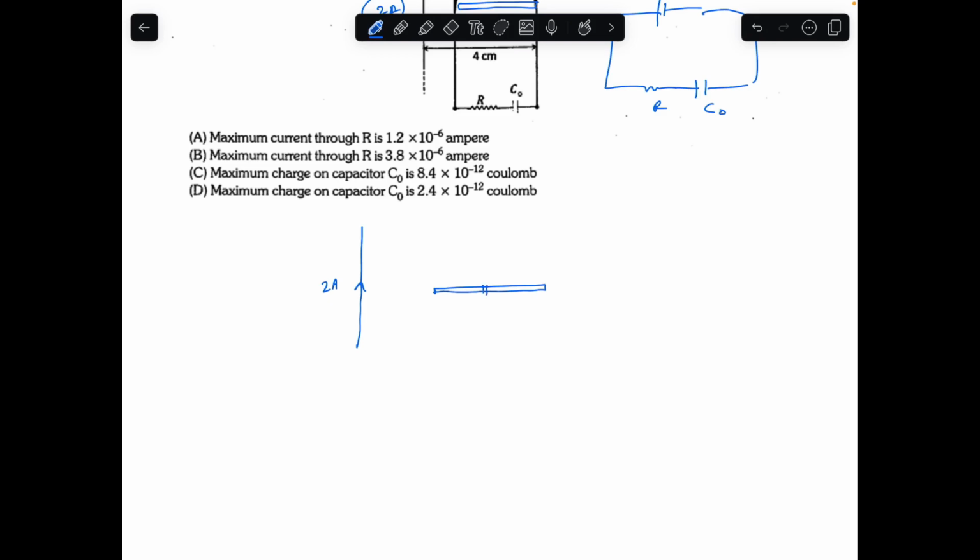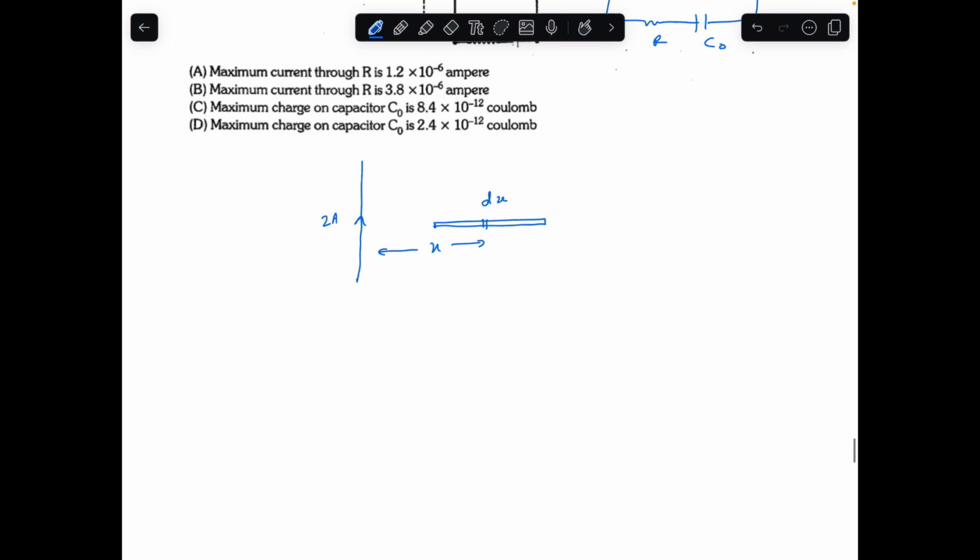Now magnetic field is not constant. So what I'll do, I'll take a dx at a distance of x. What will be dε? dε will be B dx into v, integrate. B is what? μ₀ I by 2πx.